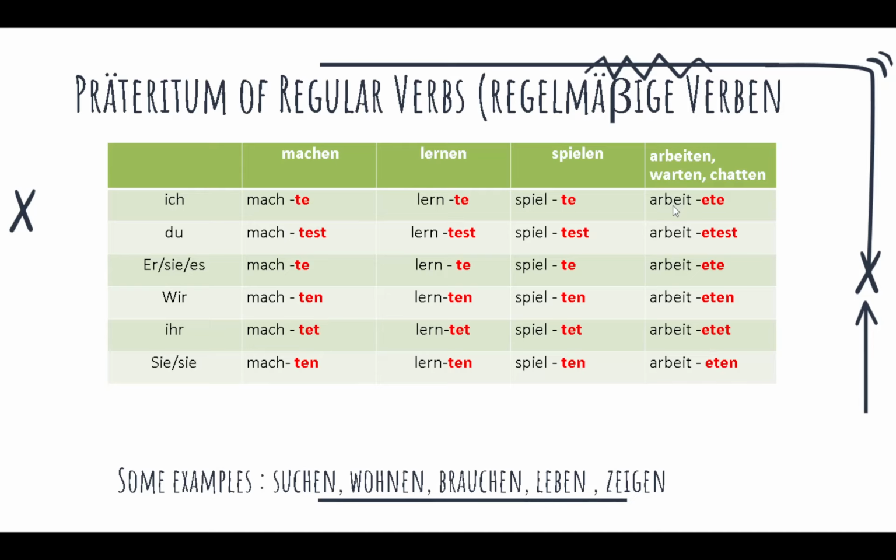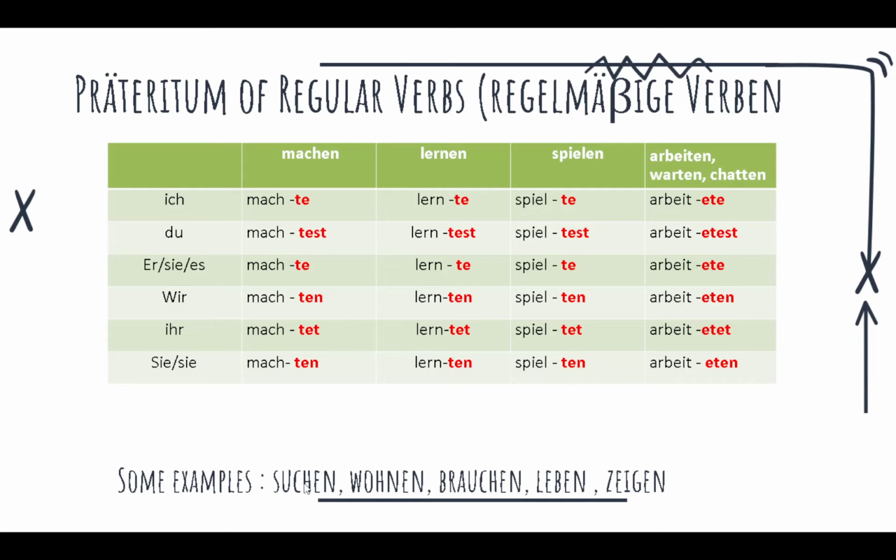So if you can see, ich arbeitete, du arbeitetest, sie arbeitete, wir arbeiteten, ihr arbeitetet, sie arbeiteten. So you can also conjugate warten and chatten in a similar way.